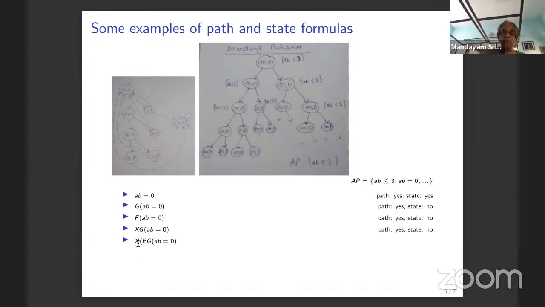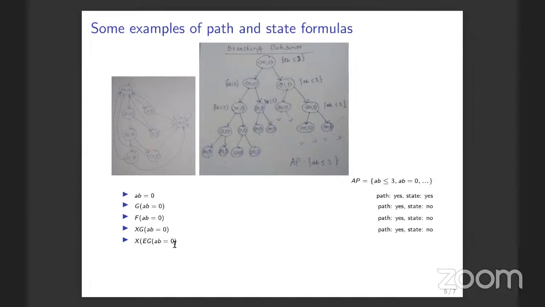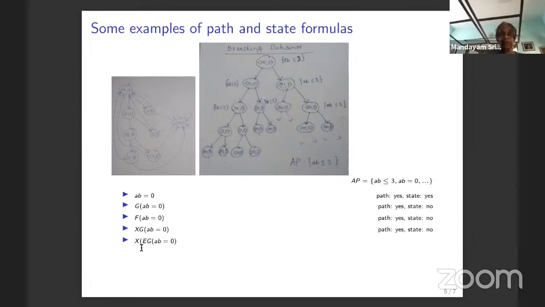Therefore, when I'm using X, I'm using EG of AB is equal to 0 as a path formula, because a state formula can always be interpreted also as a path formula. And therefore, this is by virtue of the fact that it is constructed using a temporal operator, and its subformula can be construed as a legal path formula. This is a path formula, but not a state formula.